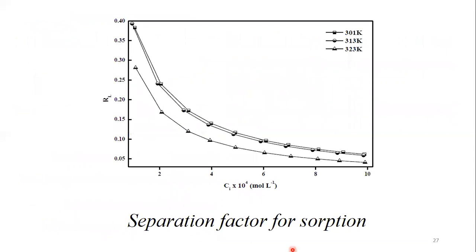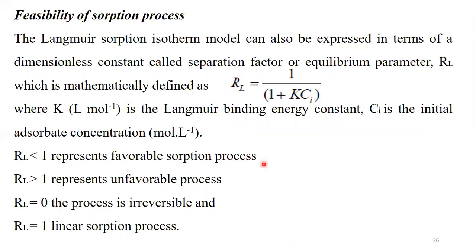Now let me share with you one of my experimental data, where I removed mercury on wheat straw, and I got that kind of RL value. I plotted RL versus concentration because, if you look at the equation, K is a constant and Ci is the only variable here. So you have to plot RL versus initial concentration.